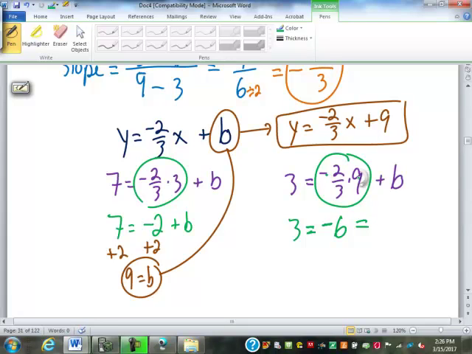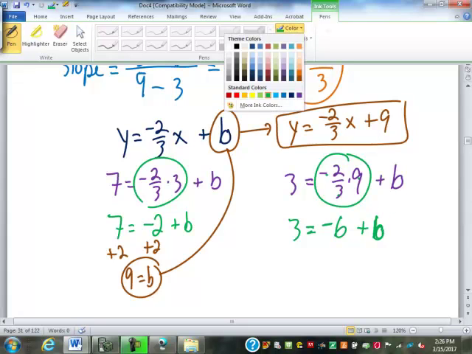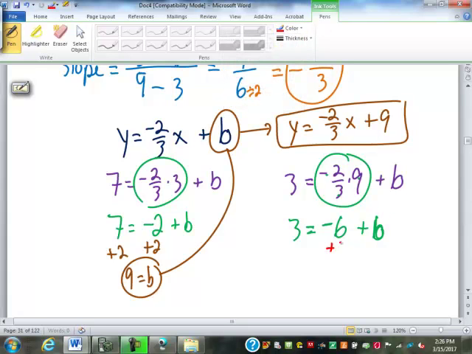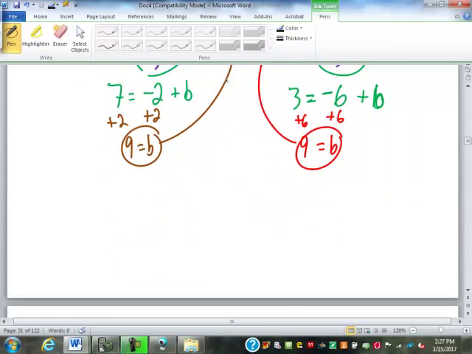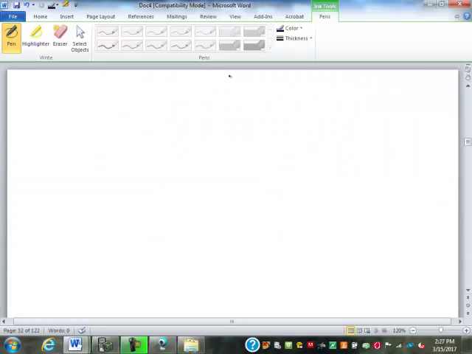Negative 2 times 9 is negative 18, divided by 3 is negative 6. Then, of course, we still have the plus b. To solve for b, what do we have to do? Add 6. So once again, b is still equal to 9. So that gives the same result. So it doesn't matter which point we decide to use to find the y-intercept.